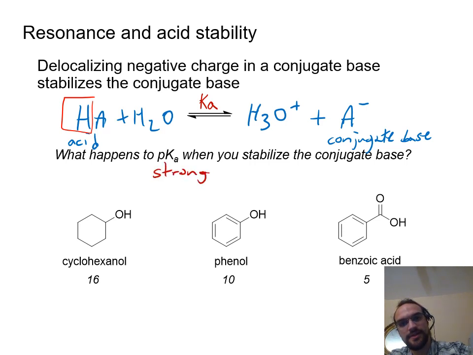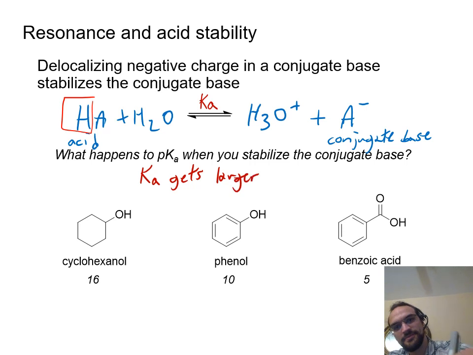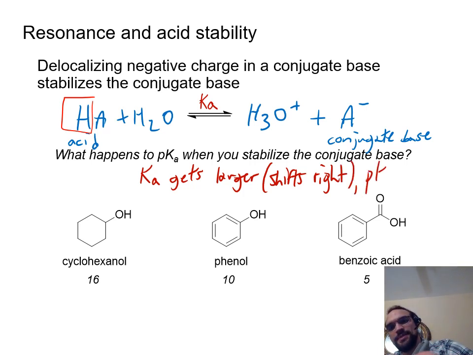So we stabilize the conjugate base, equilibrium constant gets larger. Equilibrium shifts to the right. Which means that the pKa gets smaller, which we know corresponds to a stronger acid. Right, so this should not come as a surprise.